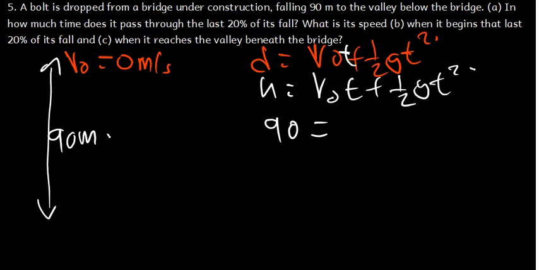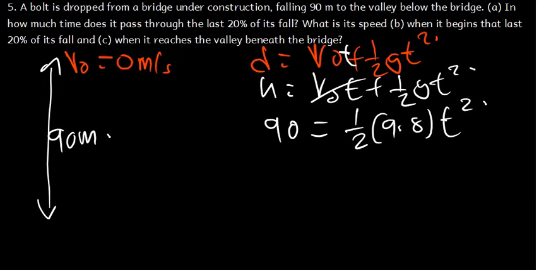Since v initial is 0, we cancel that term. We're going to have half. Since it is going down, toward gravity, g is positive. So I'm going to have 9.8 t squared. Now we are finding the total time it took for the boat to reach the valley.